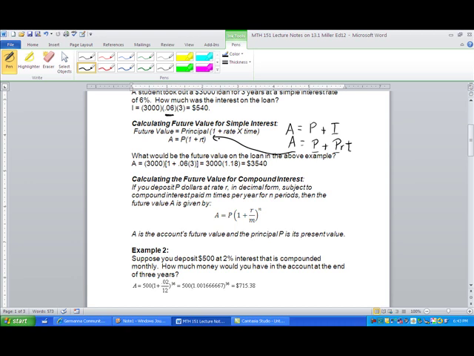So if we ask what would be the future value on the loan in the above example, it would be $3,540. And so what we're doing is we're taking the principal, the $3,000, times, from the formula, the 1 plus R, again, represented as a decimal, times the time, which is 3 years.